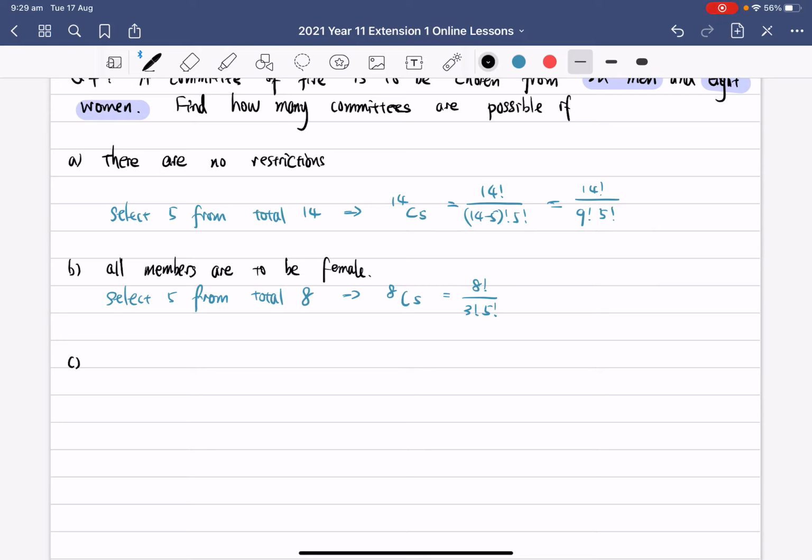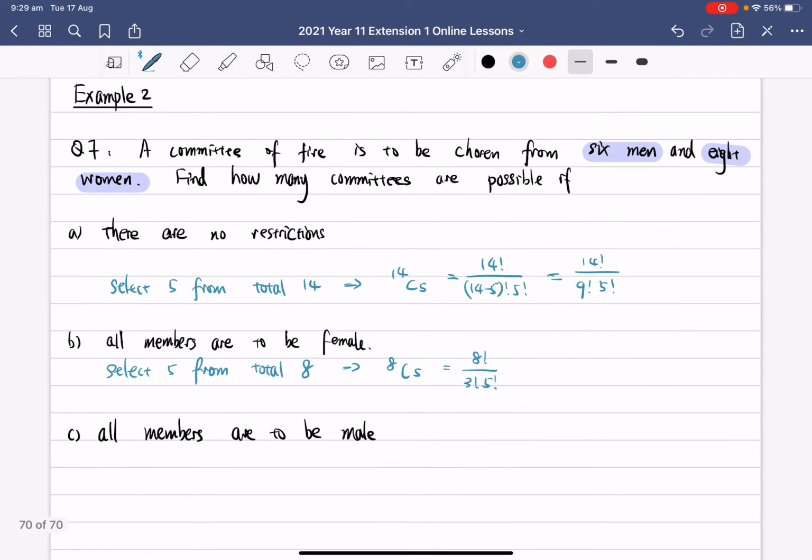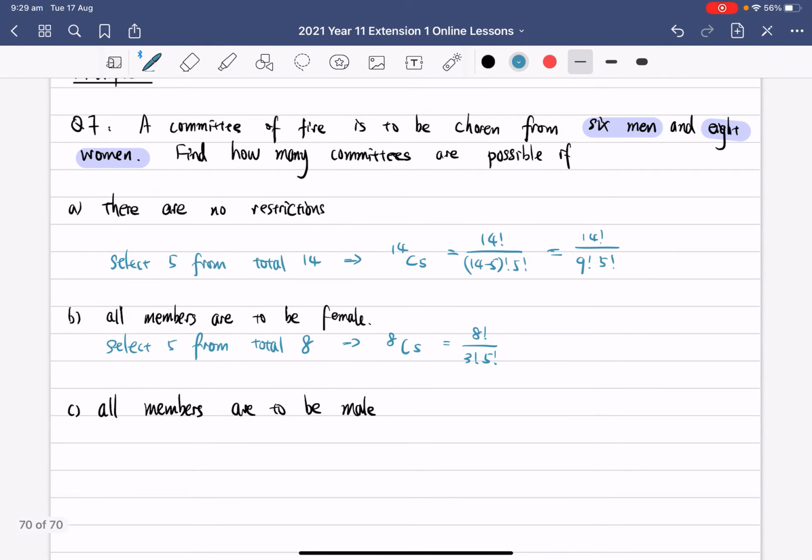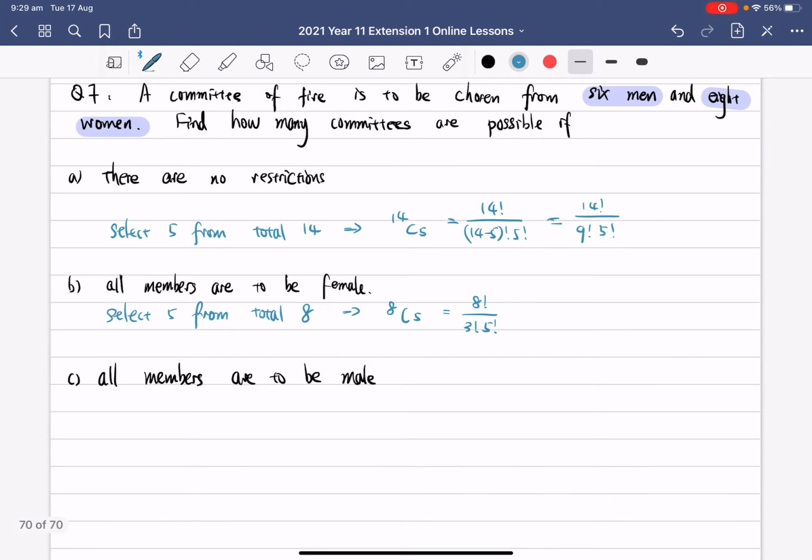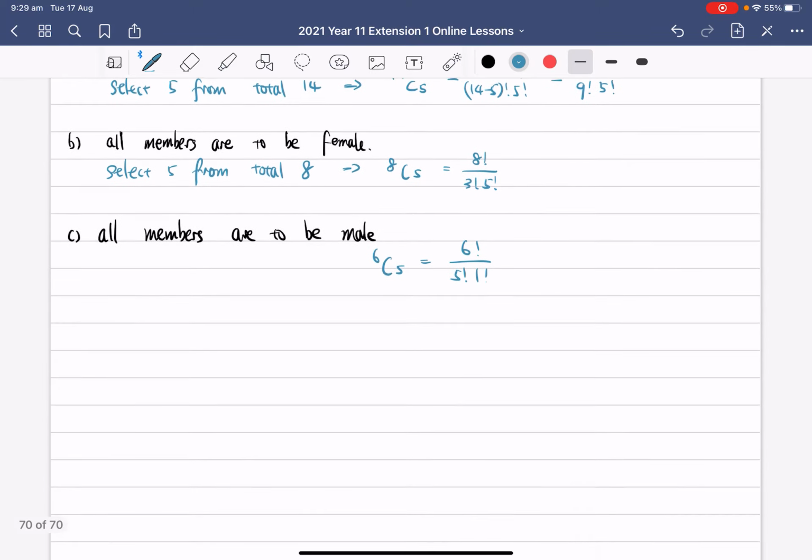So all members are to be male. That's a really simple one. We're selecting from a group of 6 men, and we're going to select 5. So if all are male, the answer will be just 6C5, and that becomes 6 factorial over 5 factorial and 1 factorial, and that's all.